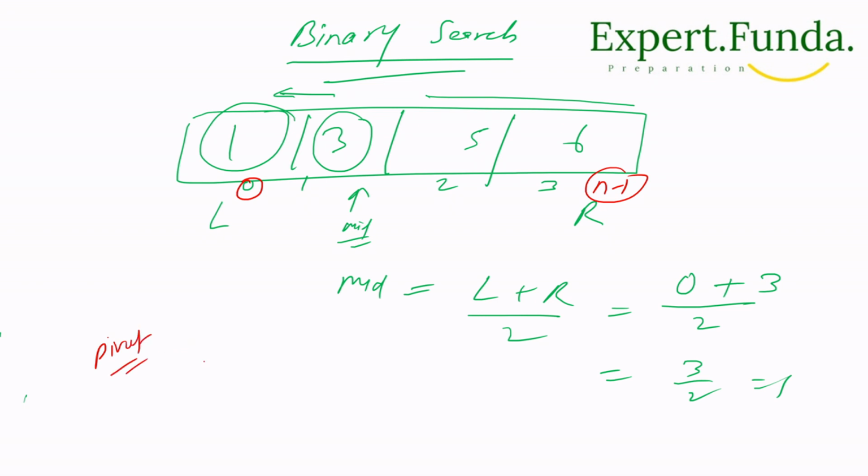We can calculate the pivot as left plus right minus left, divided by 2.